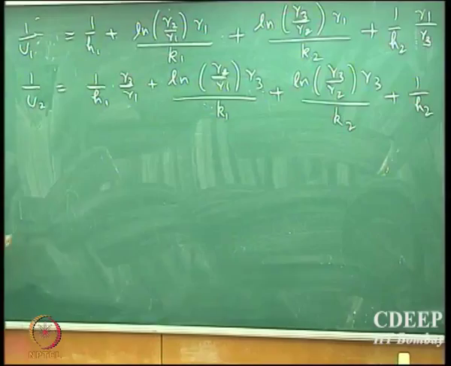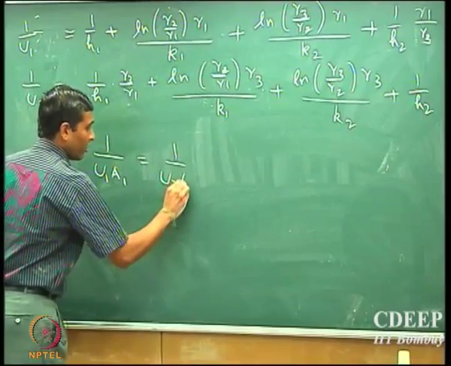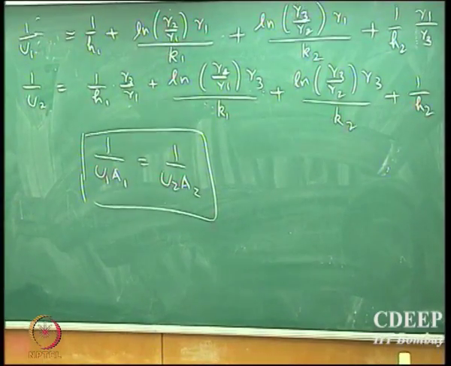So which clearly means that 1 by U1 A1 should be equal to 1 by U2 A2. That is obvious, you can intuit it from the way it has been defined.